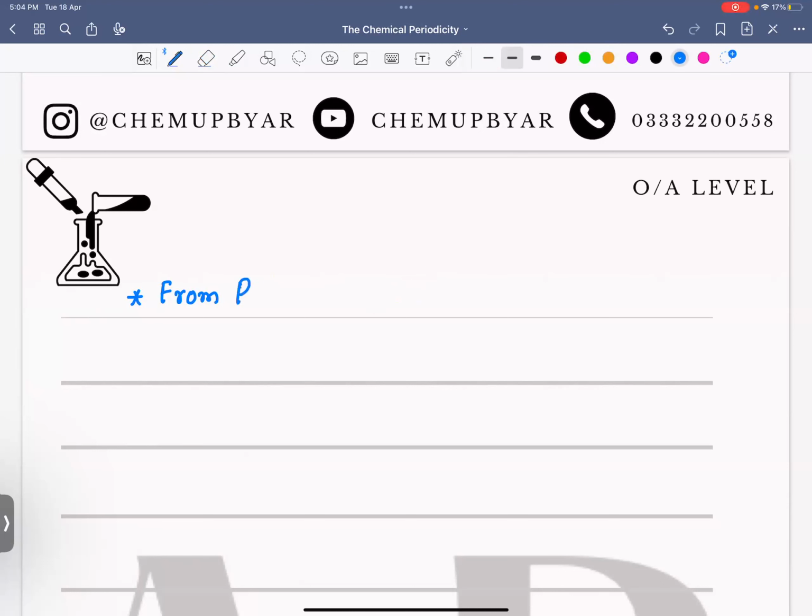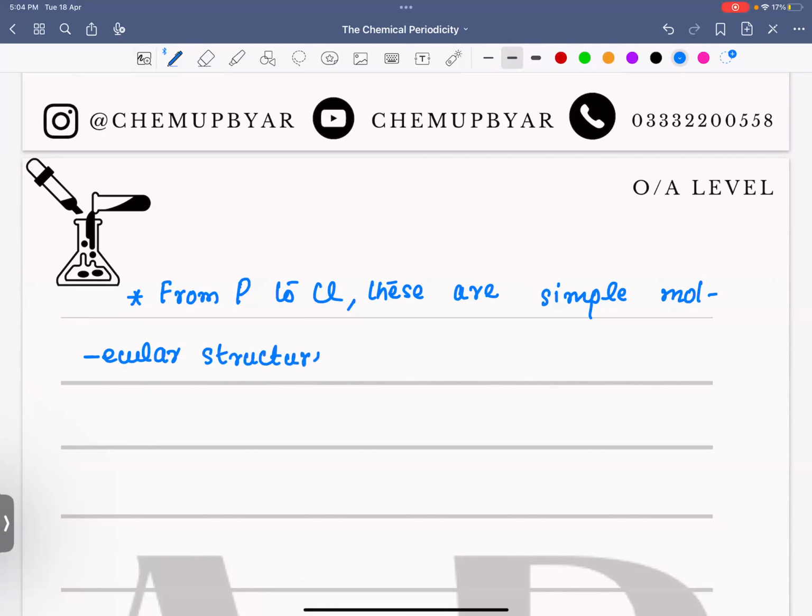So from phosphorus to chlorine, these are simple molecular structures.